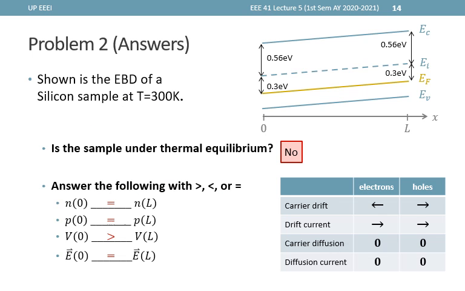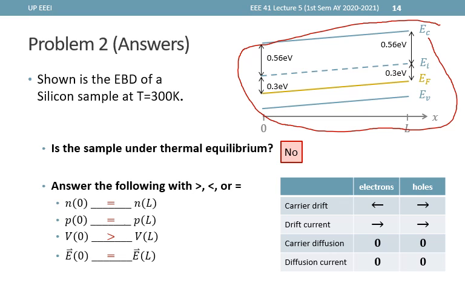So in summary, for this energy band diagram shown, it is not in thermal equilibrium since the Fermi level is not flat. Since EF minus EI is equal throughout, then N of 0 must be equal to N of L, and P of 0 is equal to P of L. We determine this by getting the plot for voltage.